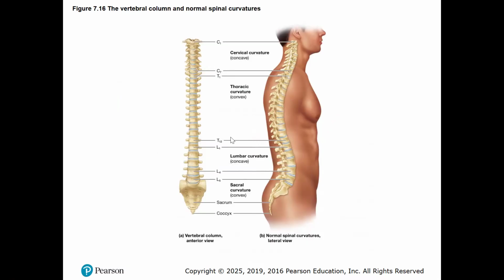You have the thoracic vertebrae, you have 12 of those that are more convex. Then you have your 5 lumbar vertebrae that go again more concave, and then your sacral vertebrae and your coccyx that again are more convex. So it's this slight kind of S type shaped curve of the spine.